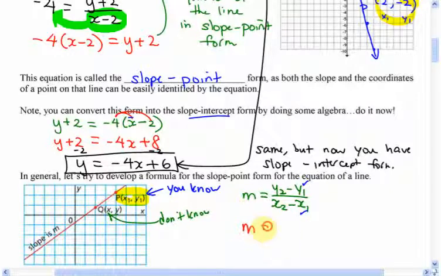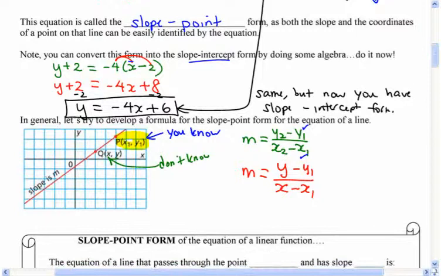So now let's have m equals y take away y1 over x take away x1. I don't like the fractions, so what do I do with that x minus x1 in the bottom? Take it to the other side. So if I do that, I get m bracket x minus x1 equals y minus y1.